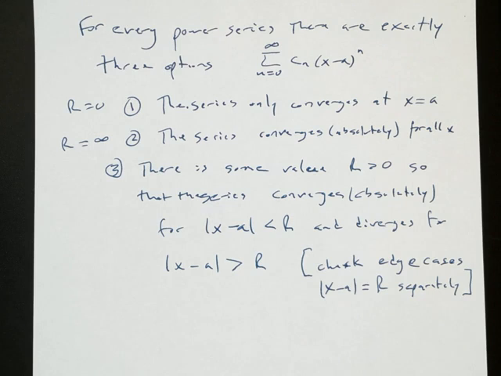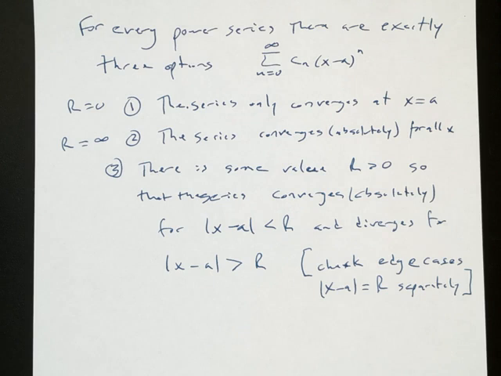Almost every time, I am going to find my radius of convergence using the ratio test, using the question, where is L less than 1? And I'll figure out the value of R, and I'll figure out the interval, and I'll check the ends. So this is really a 3-step process.